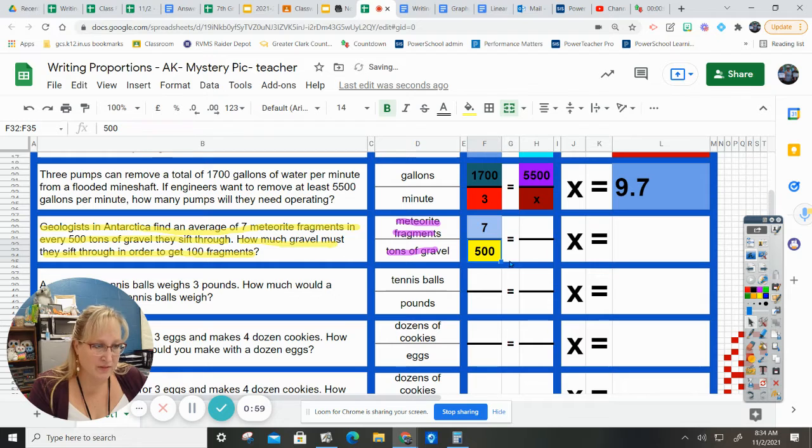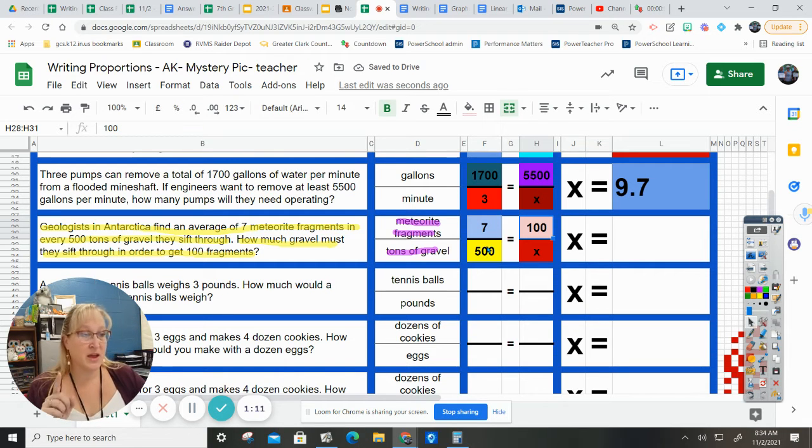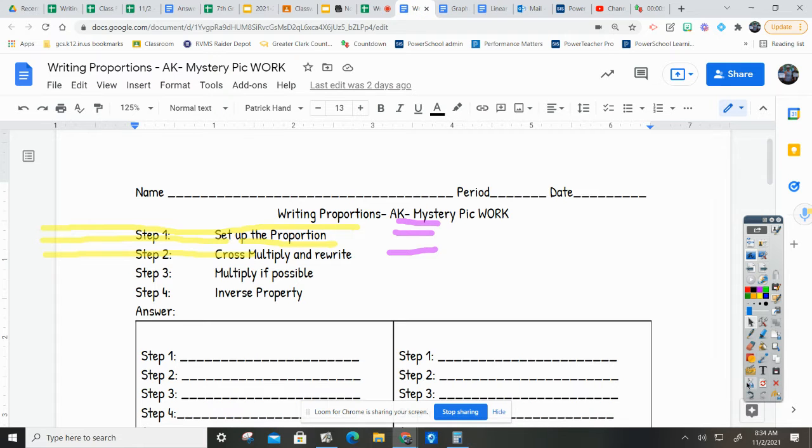How much gravel? We do not know gravel, so I'm going to fill that in with the X. How much gravel must they sift to get 100 fragments? So I'm going to try to remember this in my head. 7 over 500 equals 100 over X. And I'm going to come back to my work.